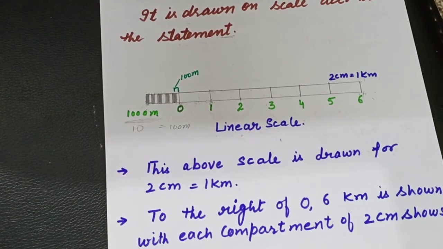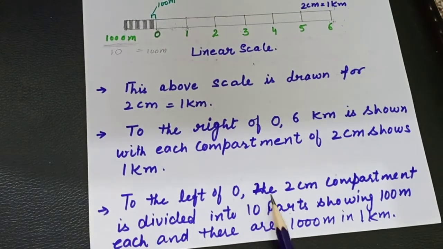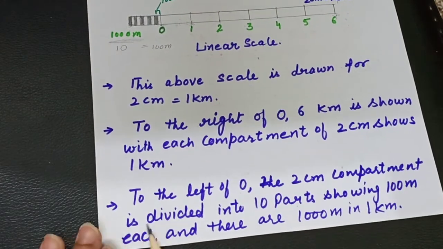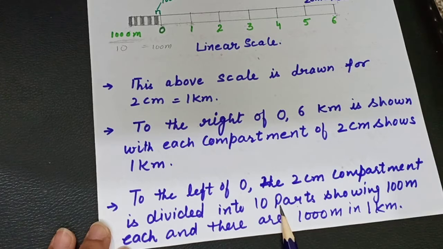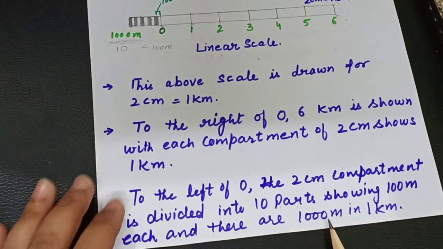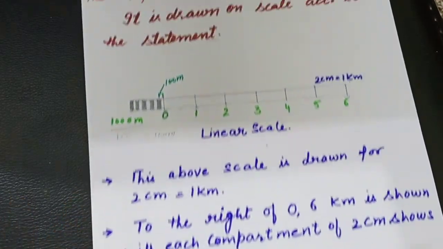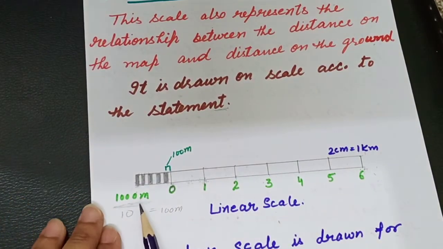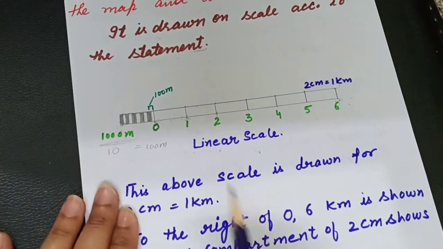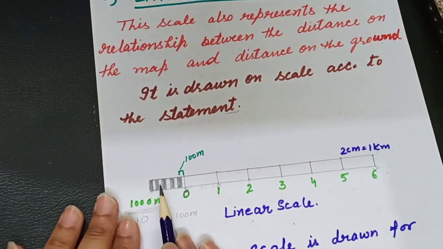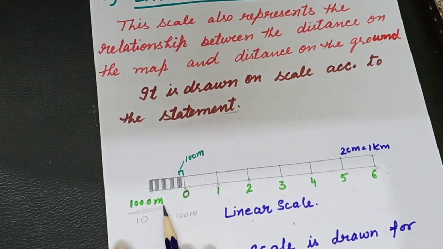So to the left of 0, the 2 centimeter compartment is divided into 10 equal parts showing 100 meter each, and there are 1000 meters in 1 kilometer. As we all know, 1 kilometer shows 1000 meters.